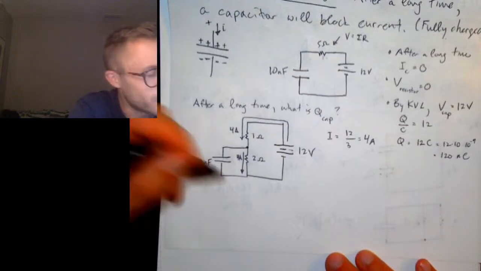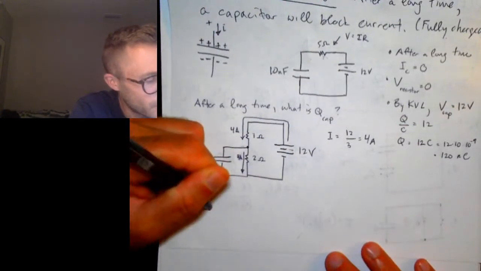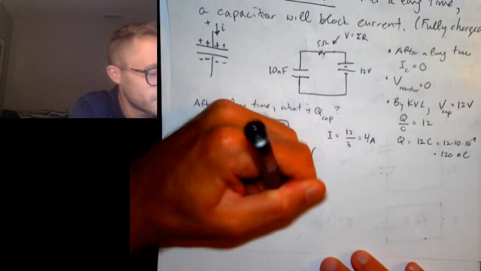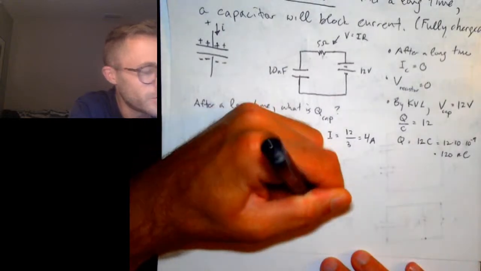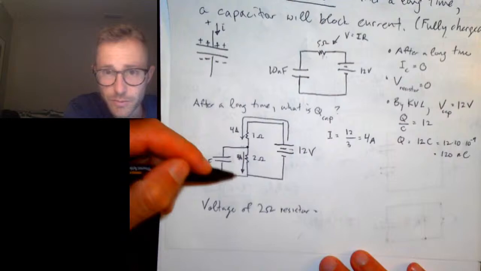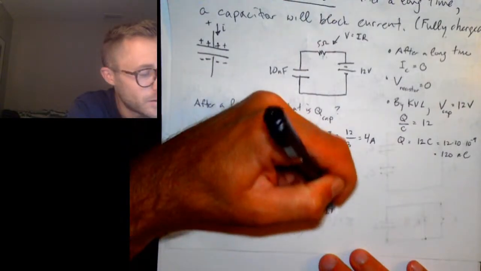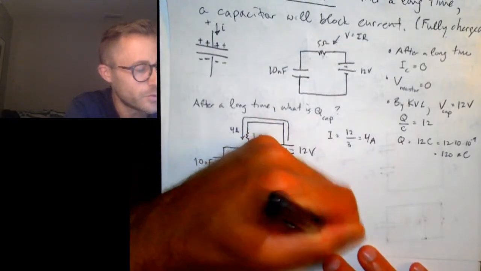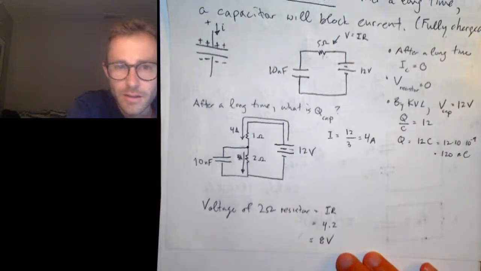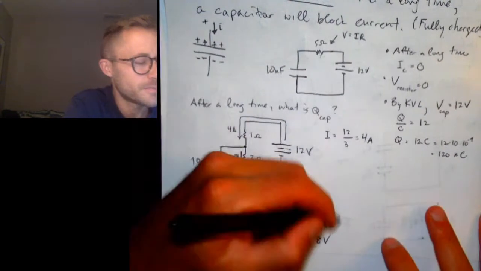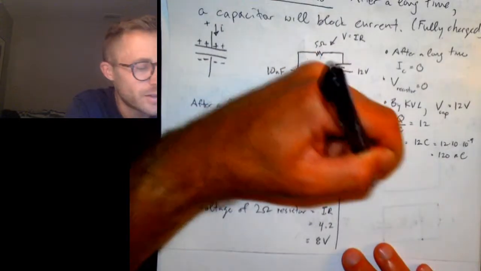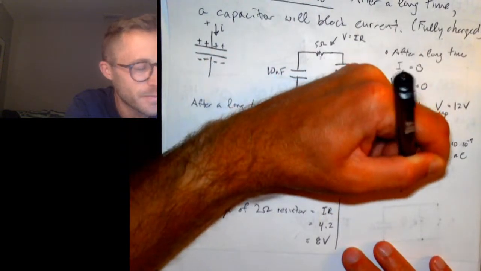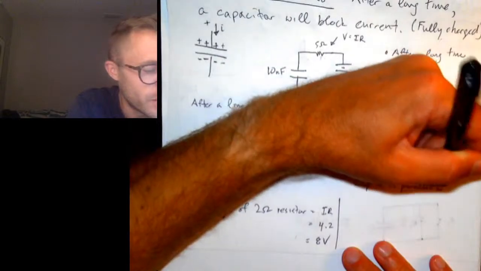So what that means is that the voltage of the 2 ohm resistor is going to be I, the current that it gets, which is 4, times its resistance, which is 2. So that gives you 8 volts. All right? Now, the capacitor, which is often just called a cap, is in parallel with the 2 ohm resistor.